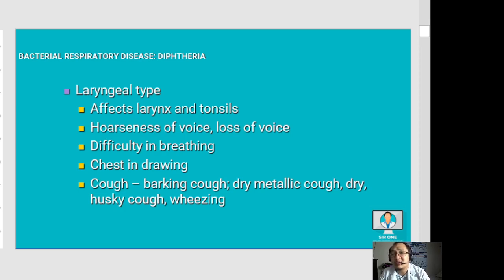The patient may experience difficulty in breathing, chest indrawing, and a barking, dry, metallic, husky cough, and also possible wheezing. These are all combinations of manifestations based on different references.